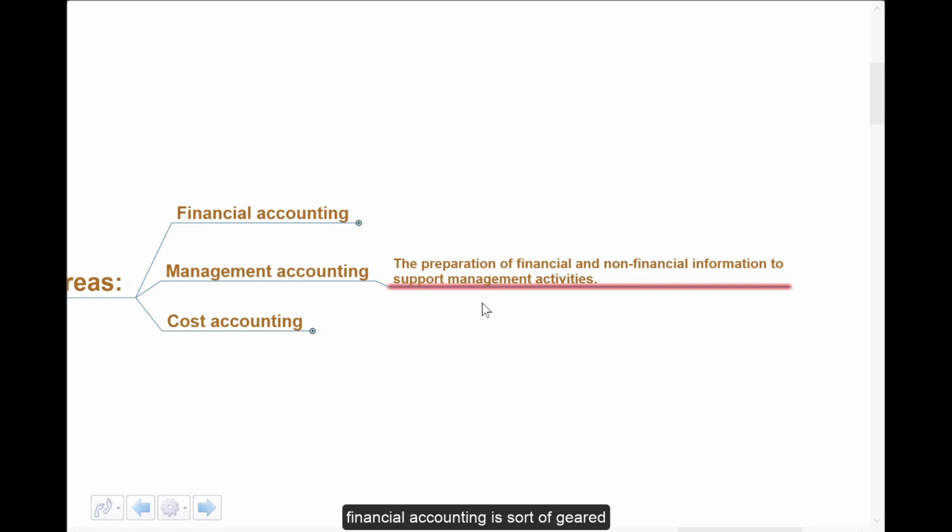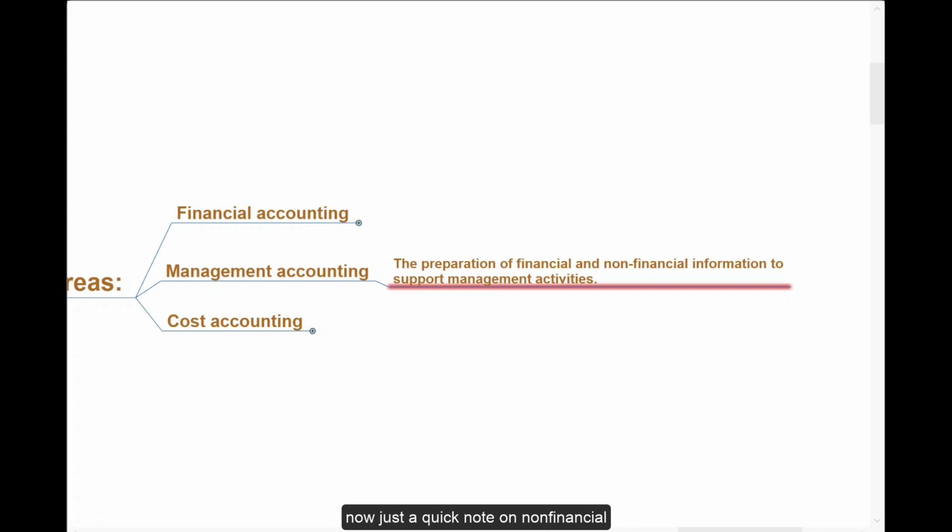So whilst financial accounting is geared and influenced by compliance, in other words, compliance with laws and regulations, you need to file accounts with the tax authorities, you need to file them with government bodies, management accounting is much more flexible. In other words, management can decide the activities that they will undertake to produce and indeed prepare financial and non-financial information.